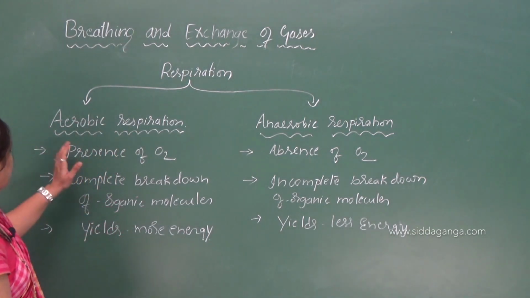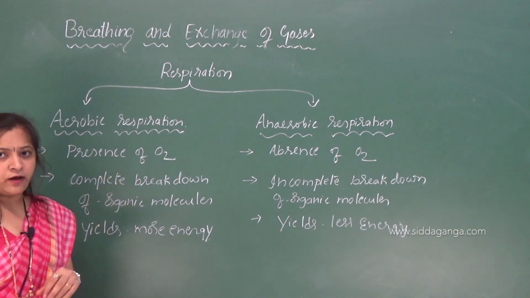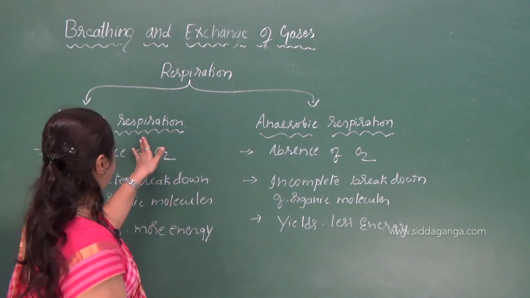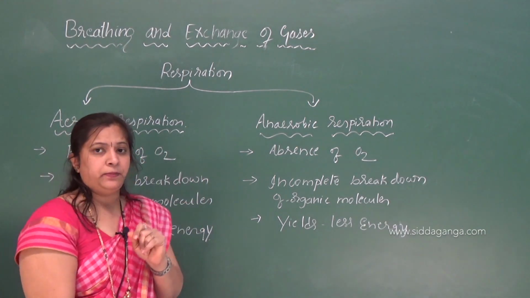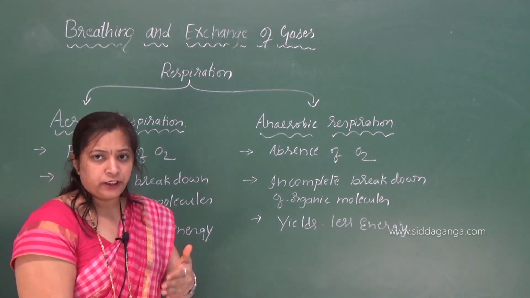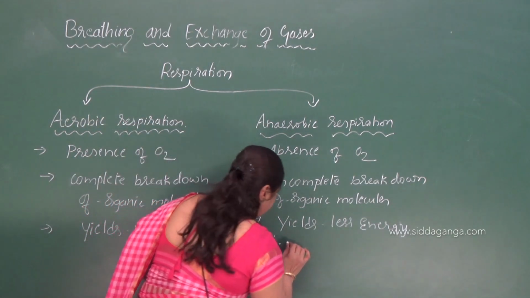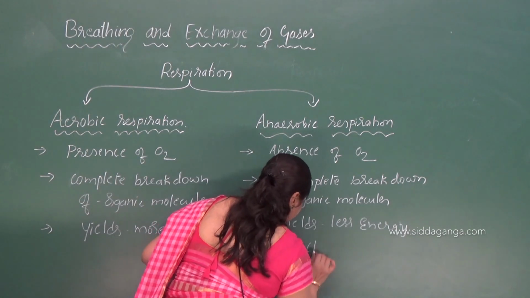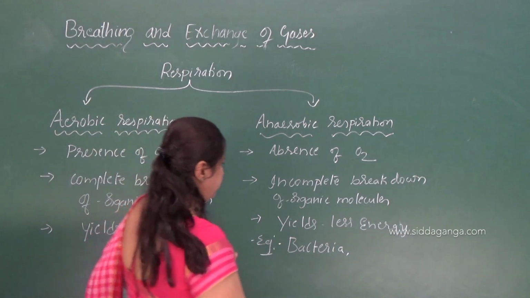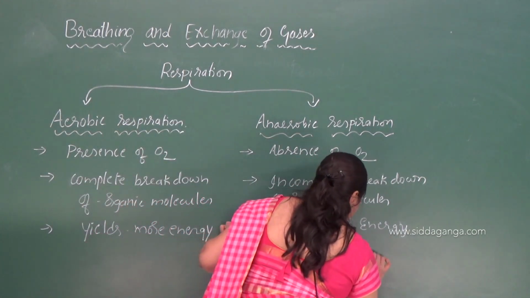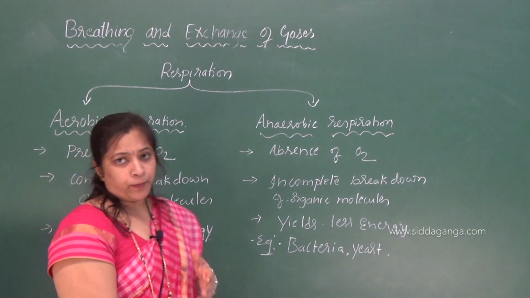Aerobic respiration is shown by most of the organisms, whereas anaerobic respiration is shown by, for example, bacteria, yeast, and some endoparasites.